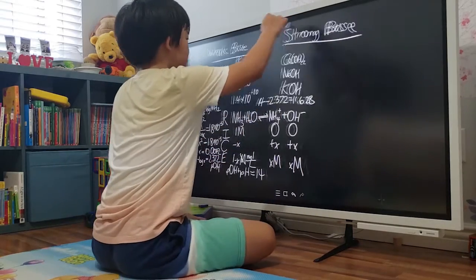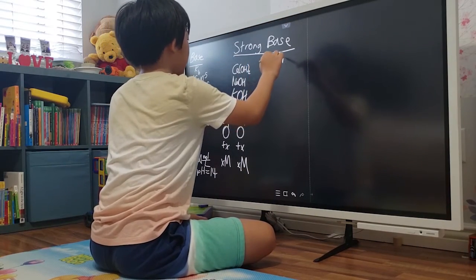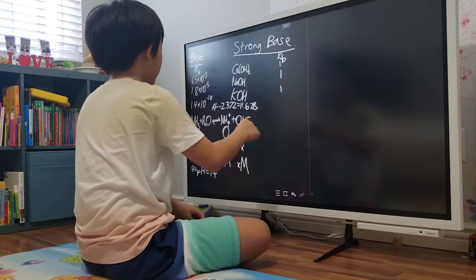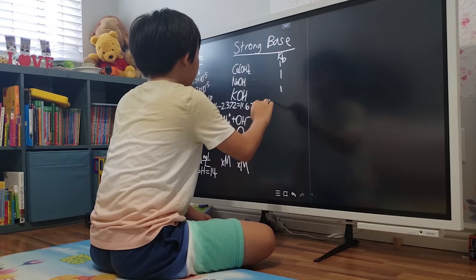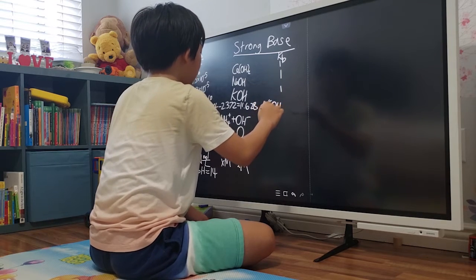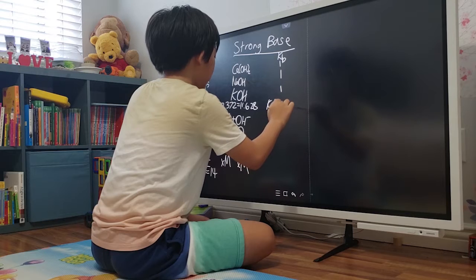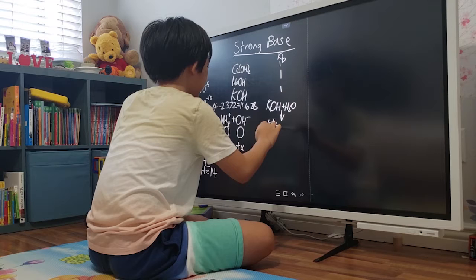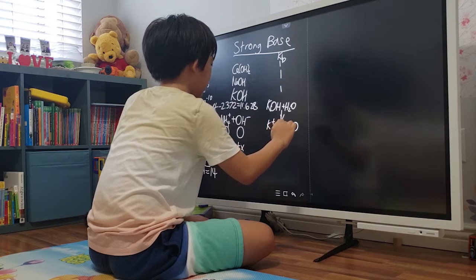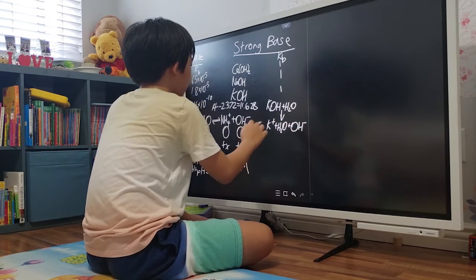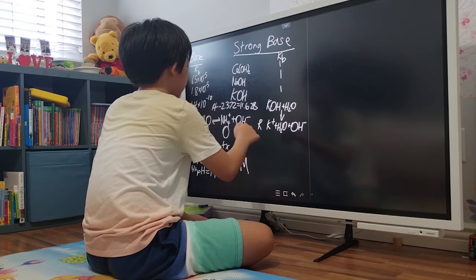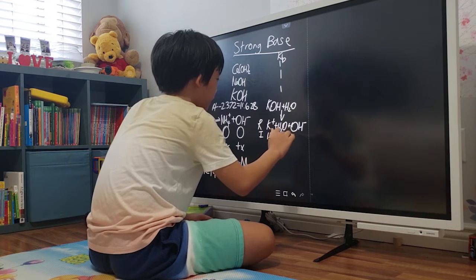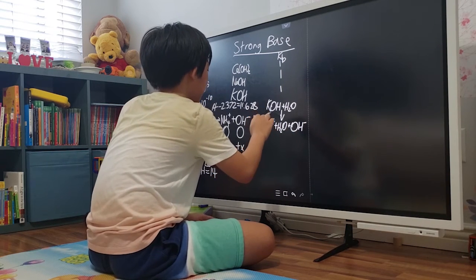Now, let's see the strong base. Like strong acids, the Kb of a strong base is always 1. It fully dissociates: KOH plus H2O becomes K plus, H2O, and OH minus. So this is our reaction. I is 1 molar for potassium hydroxide.